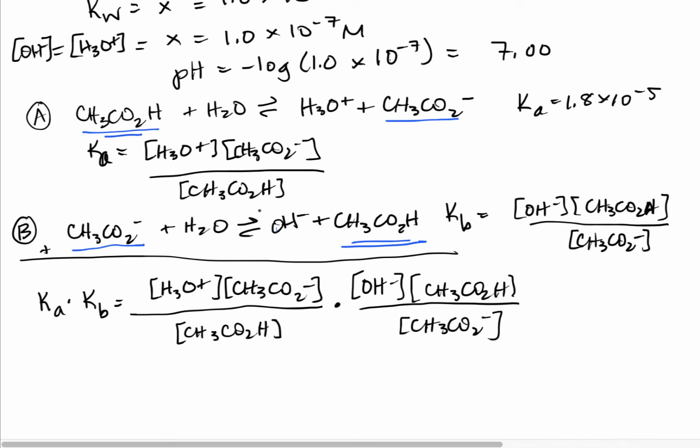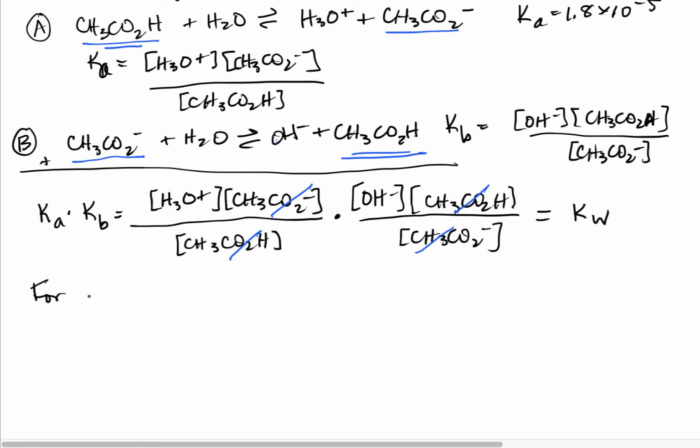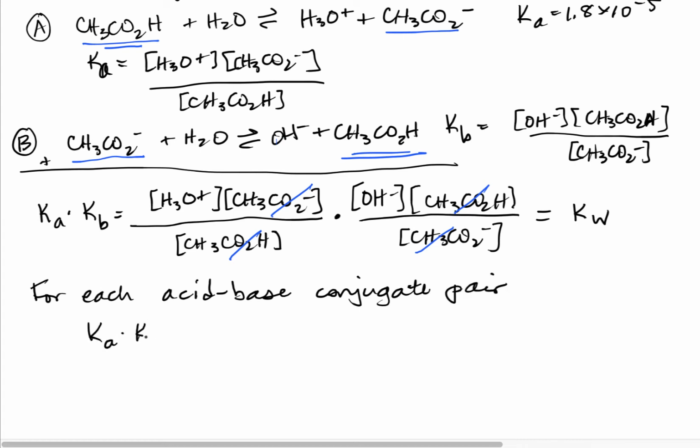And so the net is water. So mathematically, these will cancel out, and what's left is the equilibrium constant expression for water. So for each acid-base conjugate pair, Ka times Kb is equal to Kw.